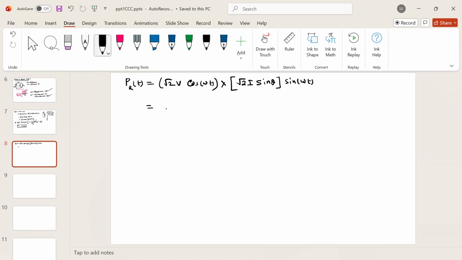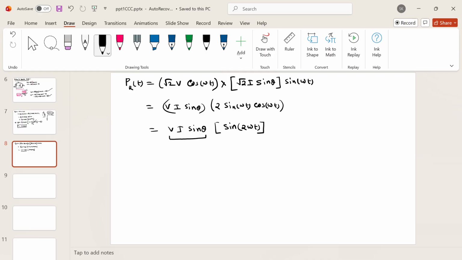You will get Vi sin theta times sin omega t cos omega t. Okay, so Vi sin theta over 2 times sin 2 omega t. Here this particular term is basically called reactive power.